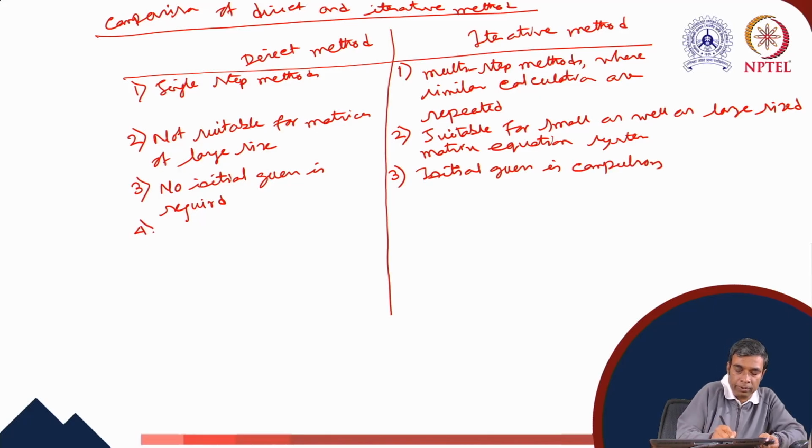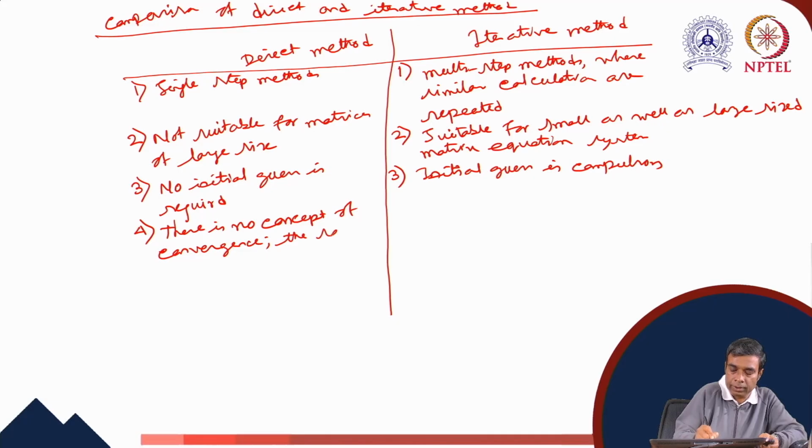In direct method, there is no concept of convergence. These solutions converge by default if the calculations are correct.